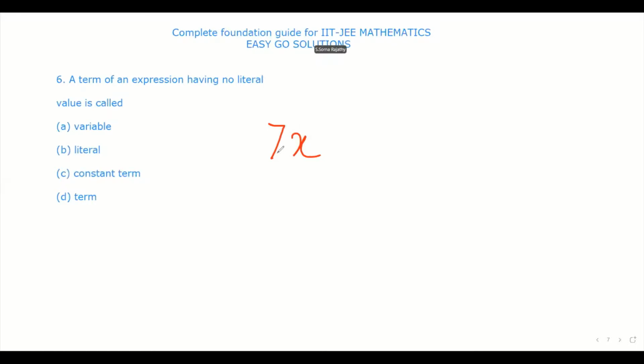If it doesn't have the literal, if you strike out the x, you are left with just 7. 7 is the constant term. So the answer is constant term.